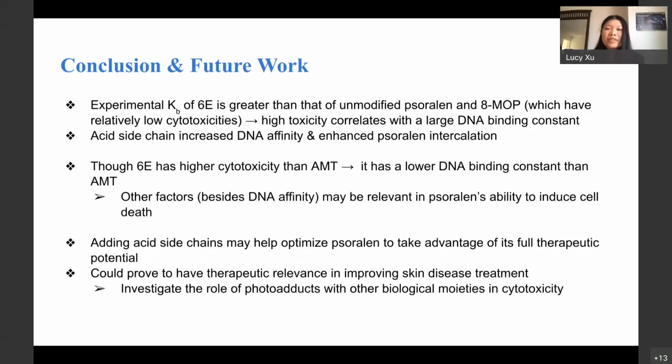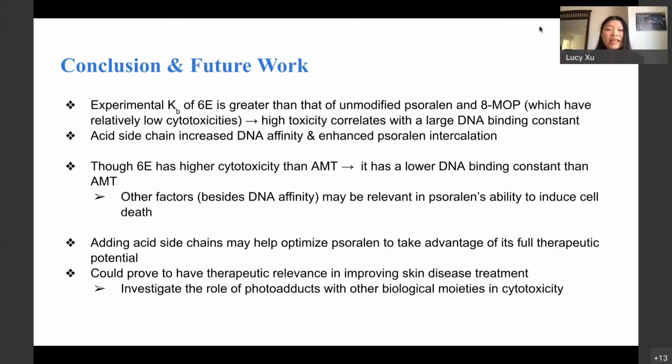So the experimental Kb of 6E was greater than that of unmodified psoralen and 8-MOP, both of which we saw at the beginning had relatively low cytotoxicities. So this indicates that a high toxicity generally does correlate with a large DNA binding constant. So that suggests that intercalation of psoralen with DNA does have a role in high cytotoxicity.